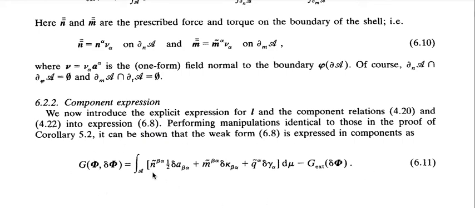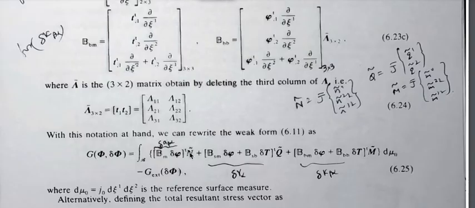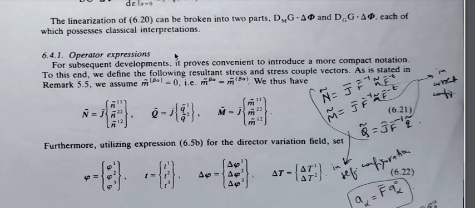This equation is same as this equation, just that we have introduced matrix differential operators to represent these strain quantities, but still it is a nonlinear equation. Now after this we are going to linearize this by separating the material tangent and the other terms for the geometric tangent terms.